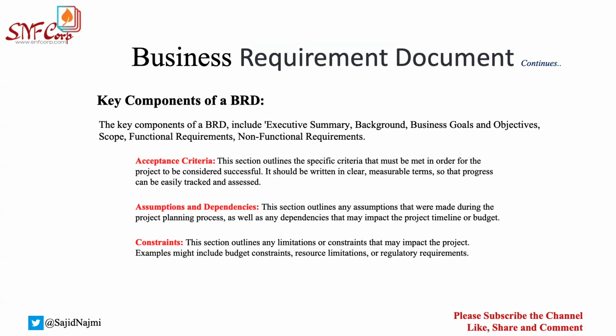And we may have some regulatory requirements. Let's say you are working on a software and you have seen a risk that some regulation is going to change from the government body in future. And that might also impact your project. And you may have to change some of the scope of the project just because of those regulatory requirements.